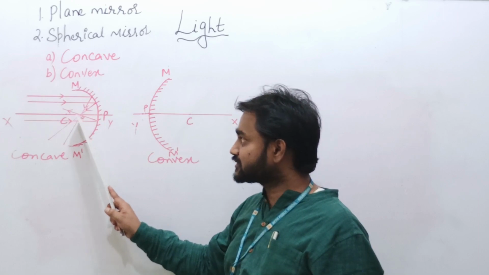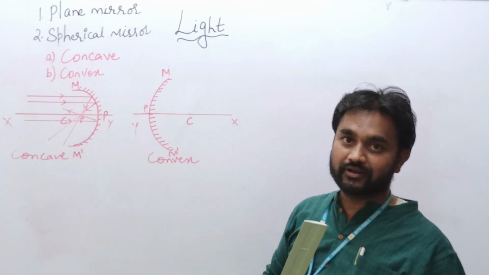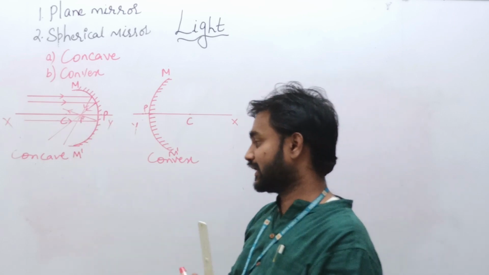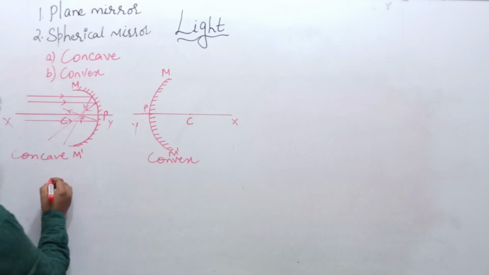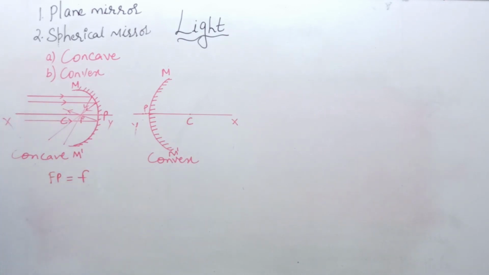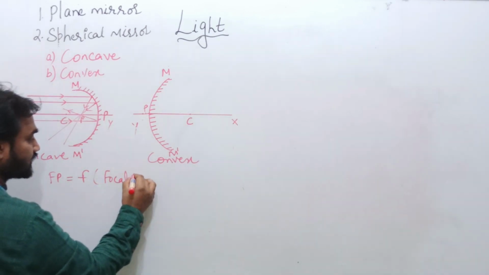And the distance from this principal focus F to the pole, that is the center of the reflecting surface, we call the focal length. FP is the focal length, and it is denoted by small letter f.